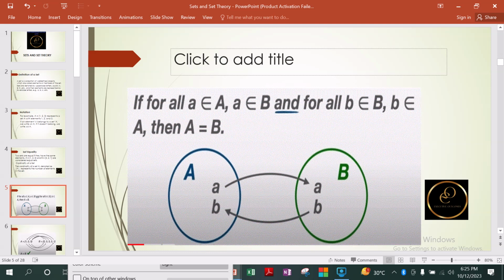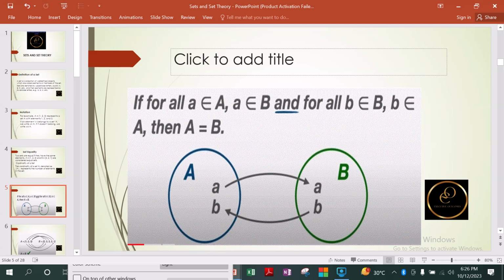We also look at equality of sets in this manner. As I've said, it is not dependent on the order. What is important is whether you have identical members in both sets.